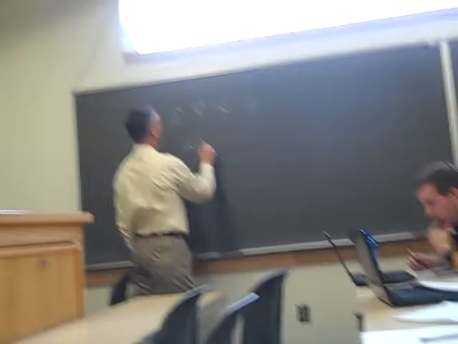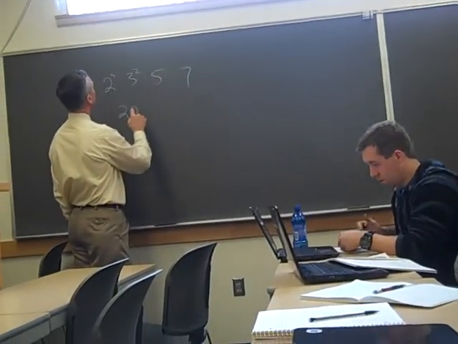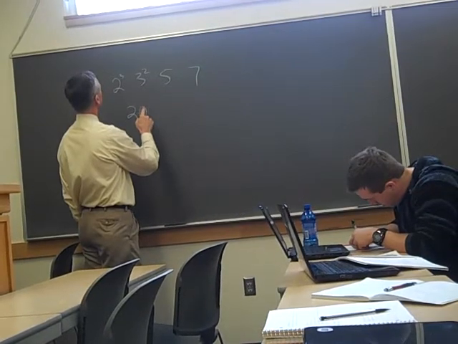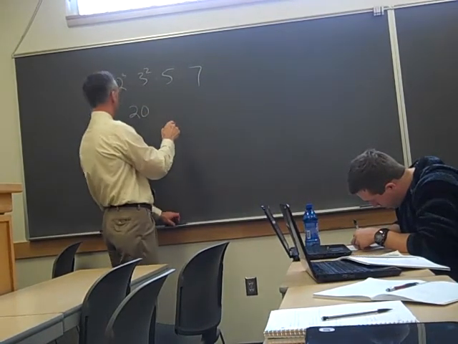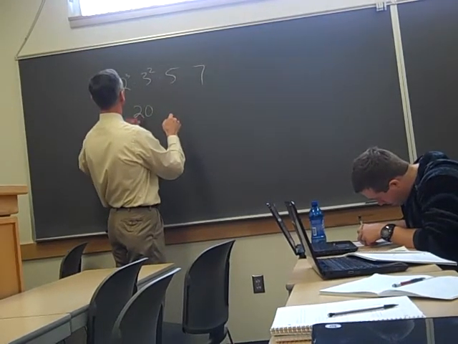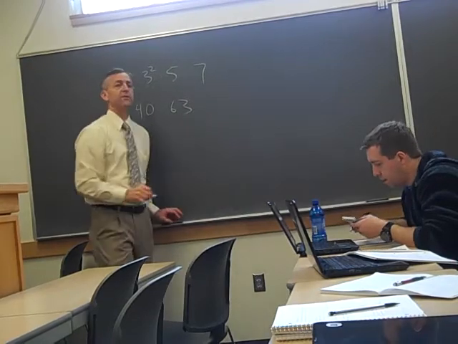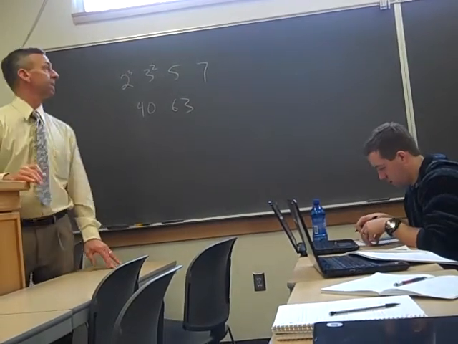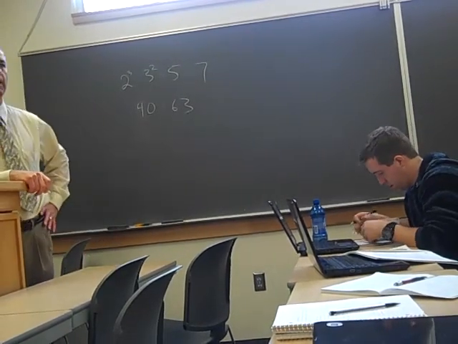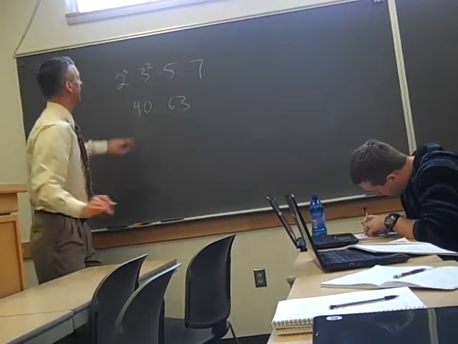I can tell you that you could get it by going 20 times... I'm stretching myself out here just a bit. Let's try this one. Let's go 40 times 63 will give me that number. How do I know that? Let me show you what I was doing in my head here.